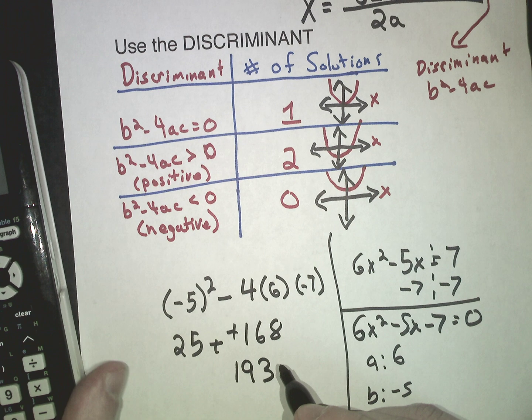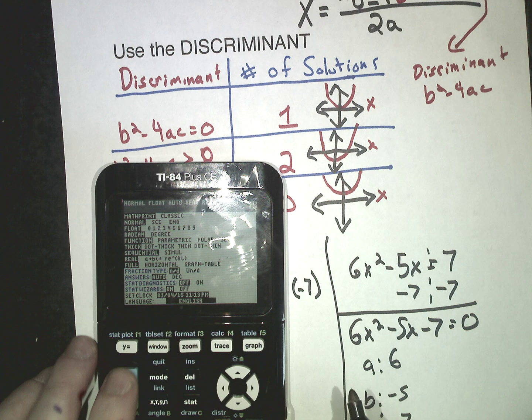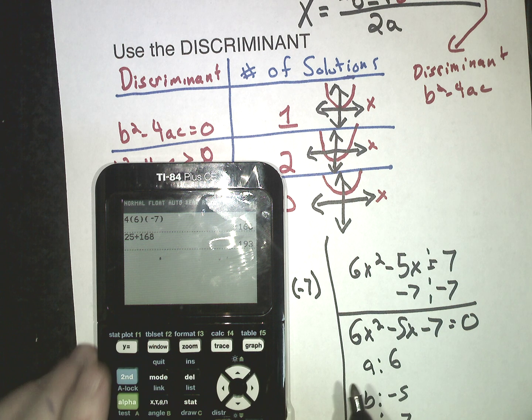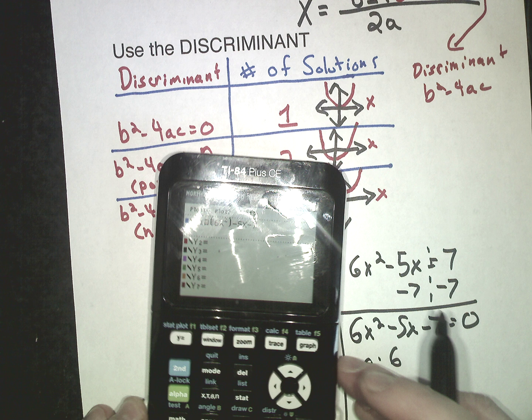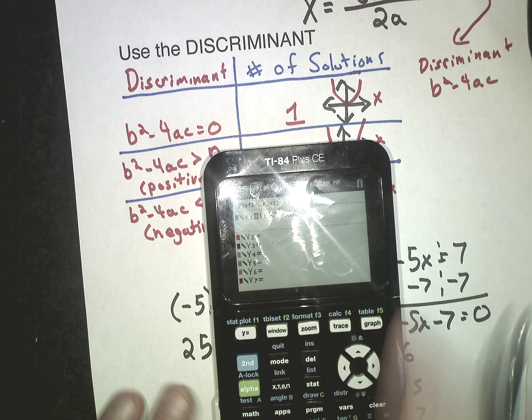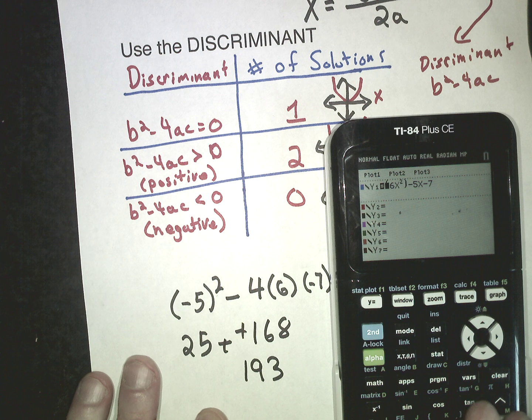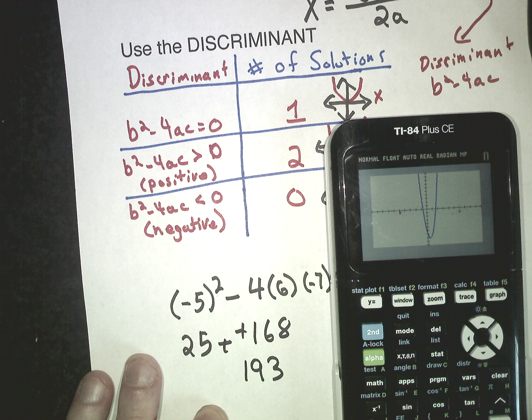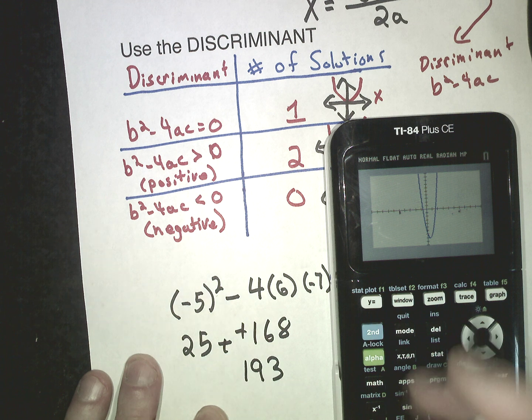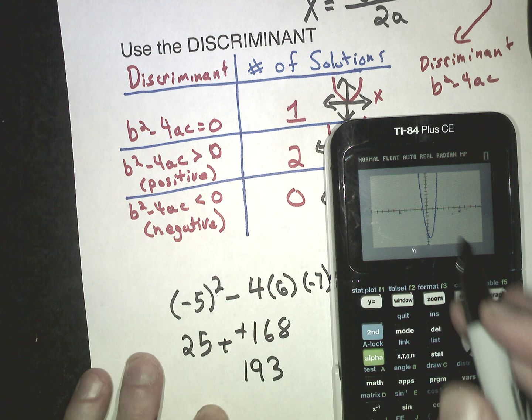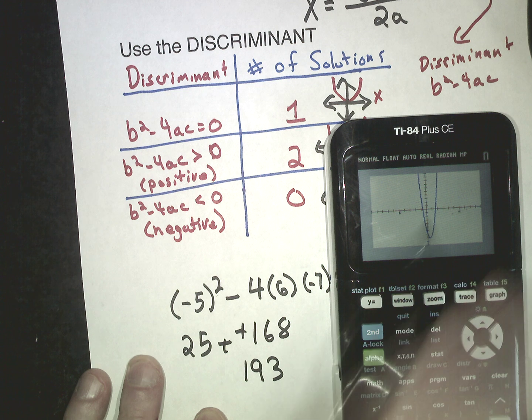So I'm going to go back over here. I'm going to graph this. I already put it in for us. It says 6x squared, trying to get the light out of the way, minus 5x minus 7. Just graph it. And look at that. 2 solutions. Now what those 2 solutions are, I can't really be sure because it falls between the lines.